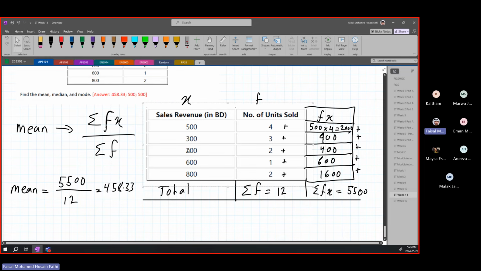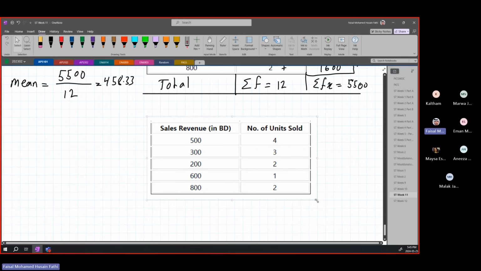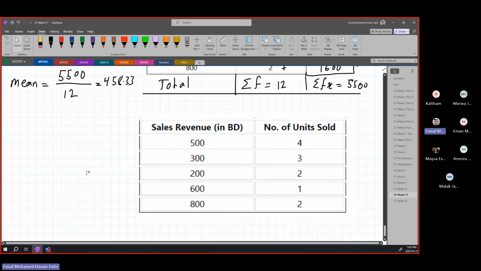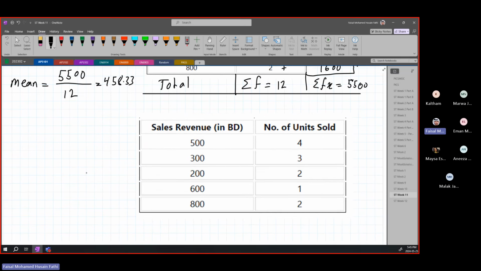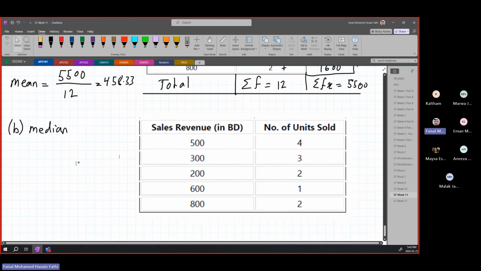Now, what about mode or median, actually? So if I copy paste this table down here again, now notice that our order is no longer from least to most. This is the most important thing when finding median. All right, we need to make sure that our order is correct. Okay, so if I want to reorder these things, let's do that.